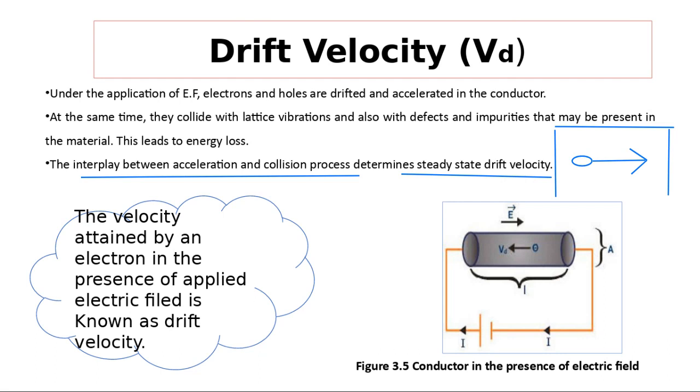We say these electrons are nearly free, but they are inside the conductor, so there is a collision process too, and an interplay between acceleration and collision. That gives you a steady state velocity, which we name the drift velocity. Is it clear what drift velocity is?